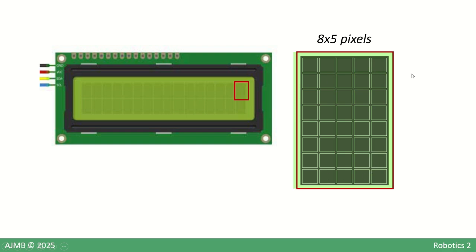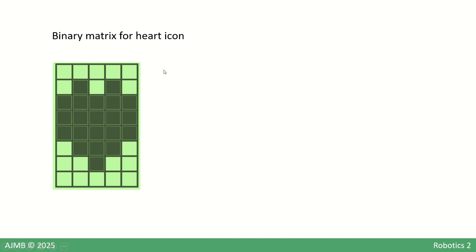And these individual pixels are the ones you are going to activate so that you can form a specific pattern. Like for example, a heart as shown here. You can see here that in the first row, the pixels are not activated. They are not blackened out, right? They are not darkened.